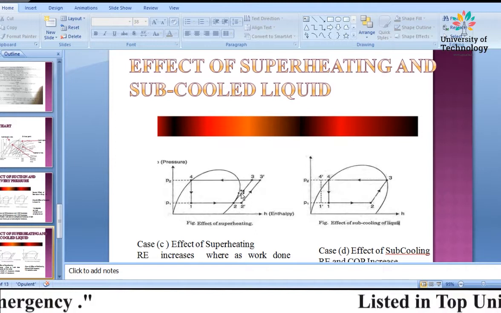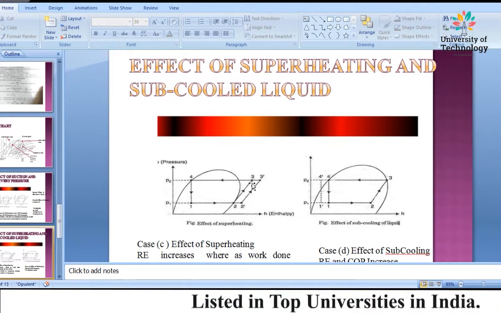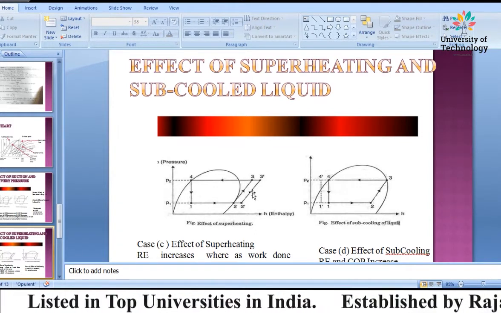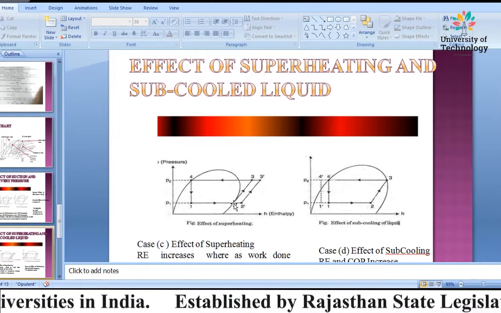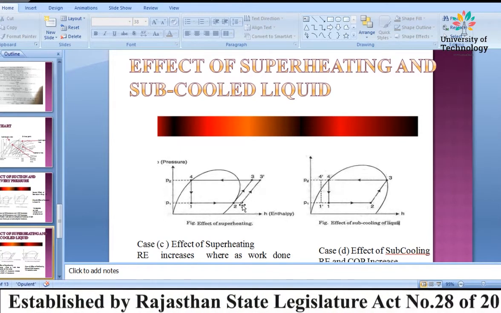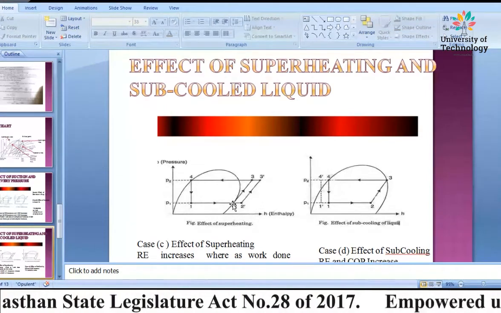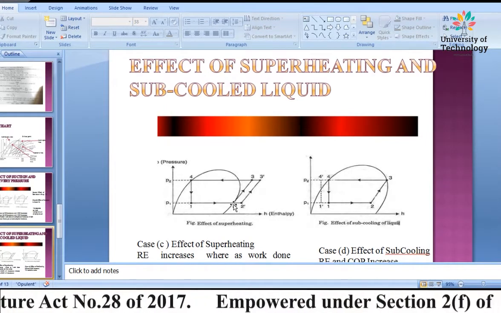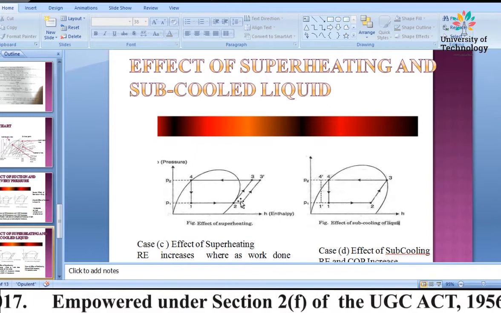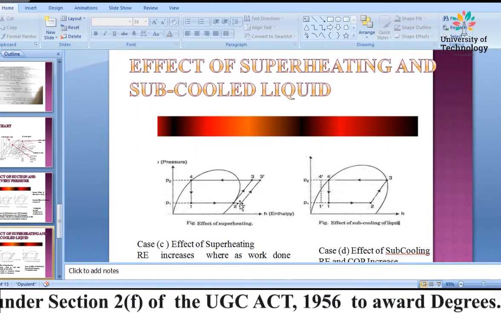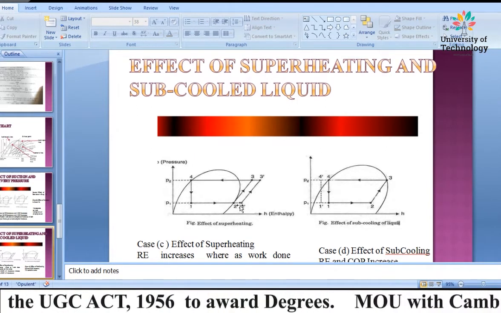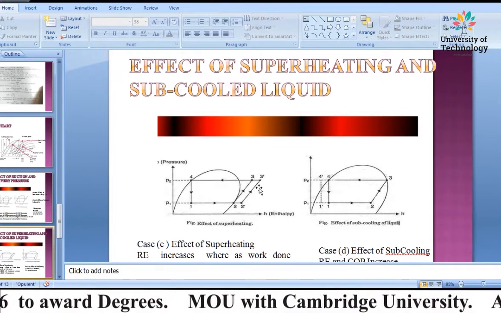The pressure ratio is not changed, it remains the same for both conditions, but the inlet temperature changes from T2 to T2'. Point 2 is the dry saturated condition and 2' is the superheated condition at the same pressure. T2' is greater than T2, therefore compressor work increases.